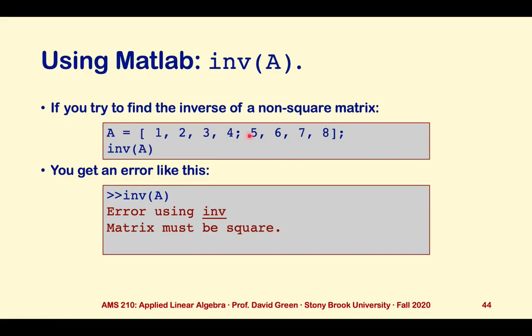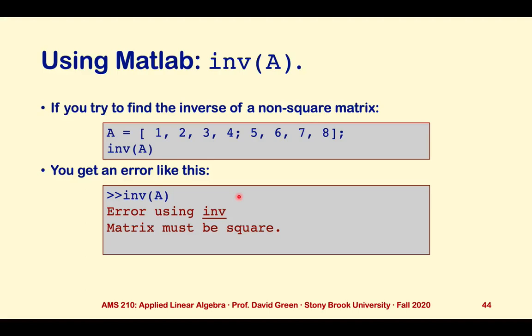It is not square. If we try to write the inverse, Matlab will return in the command window something like this: Error using inv. Matrix must be square. Very clear error message. This might often happen if you accidentally give an augmented matrix rather than a coefficient matrix to Matlab.